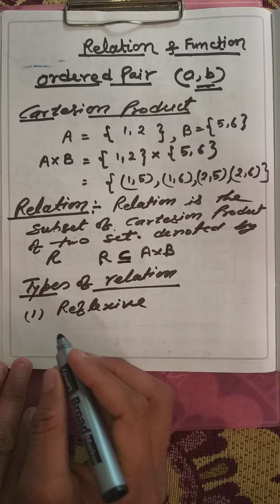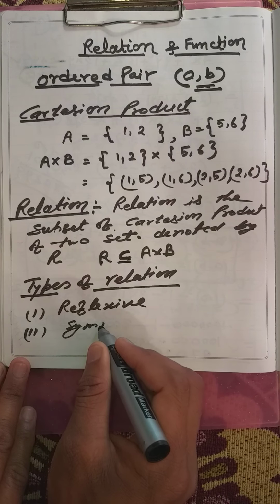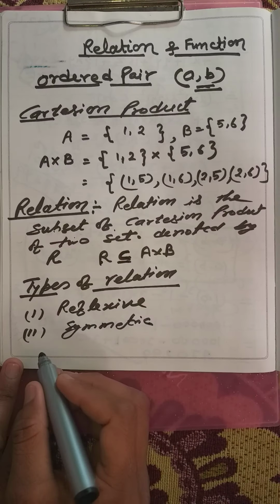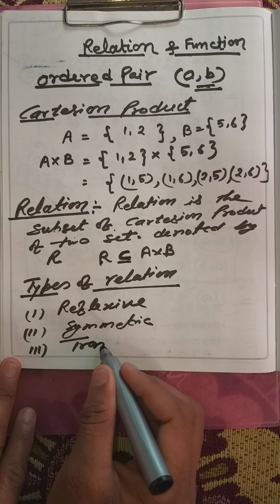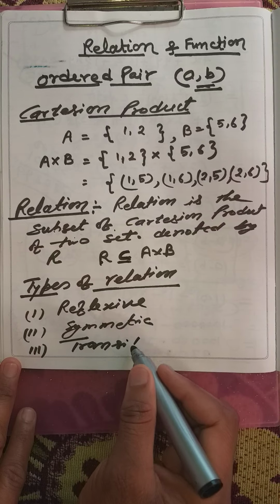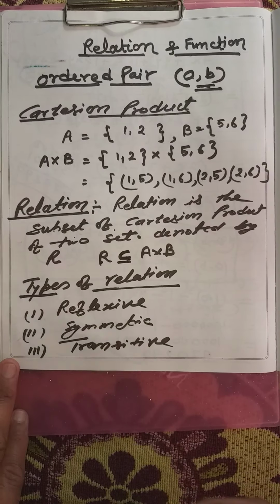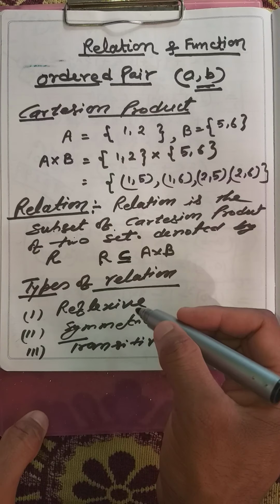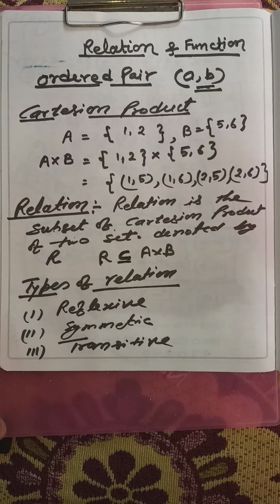Number second, symmetric. And number third, transitive. These are the three types of relation. Let us understand these three types of relation. What do you mean by reflexive, symmetric, transitive?